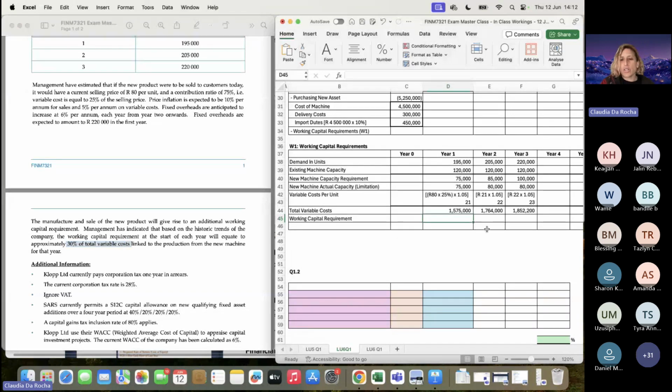So we're literally going to say 1.575 million times our 30%, to give us 472,500. So our annual capital requirement is that. But we need to know the increase, the incremental.